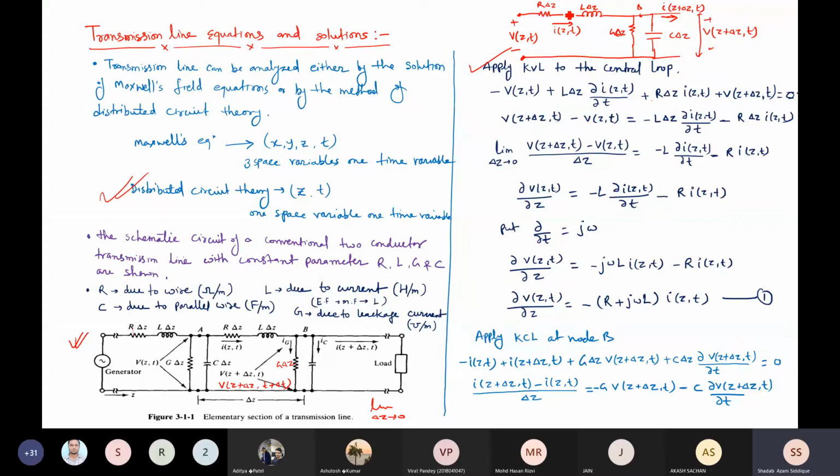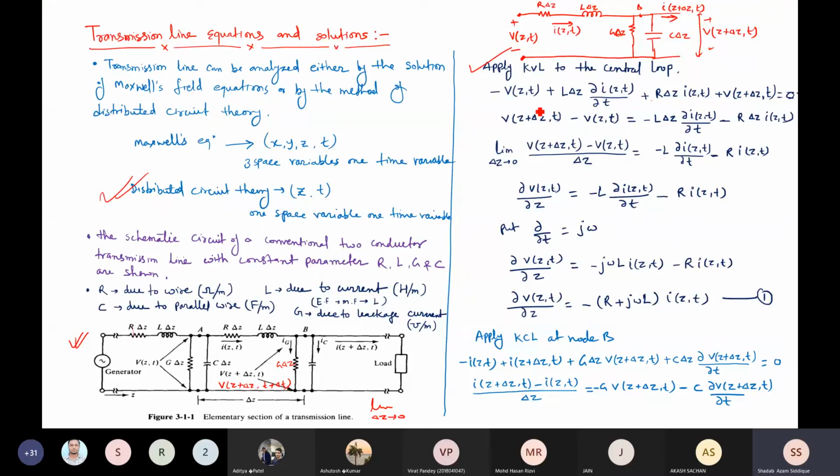Just take it out from here and it comes to this point, so it is again making a loop. KVL can be applied inside any loop. So we have taken all the voltages: this is the voltage due to this inductor, this is the voltage due to this resistance, and this is the voltage at node B.